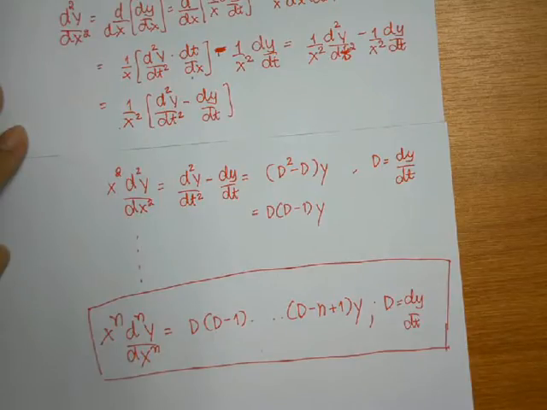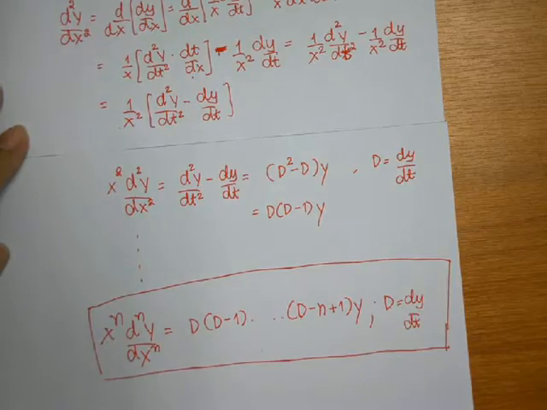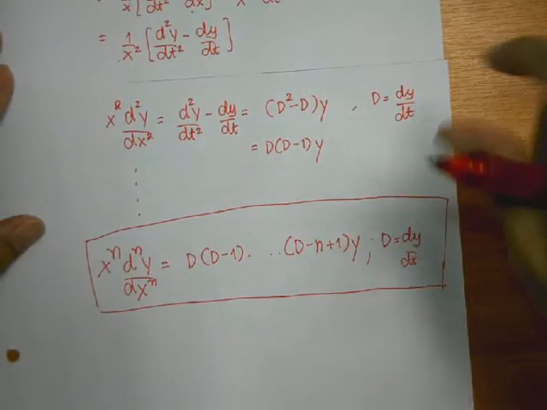So that means we have to change the variable from x to t, solve for the answer, and then change t back to x. That's the way.